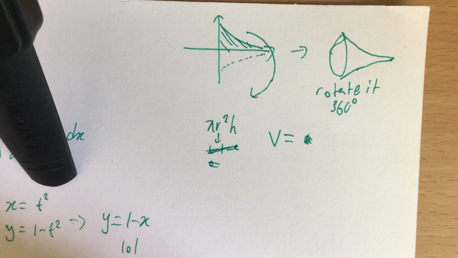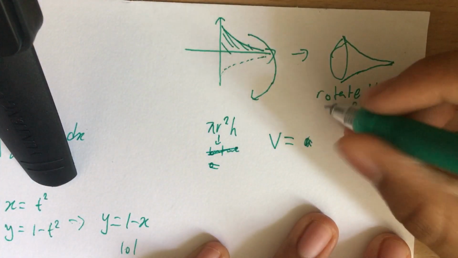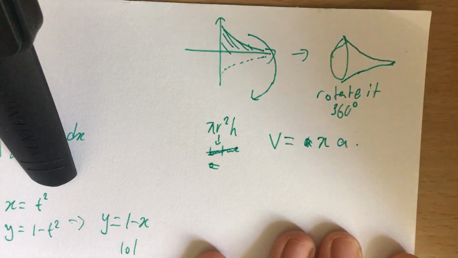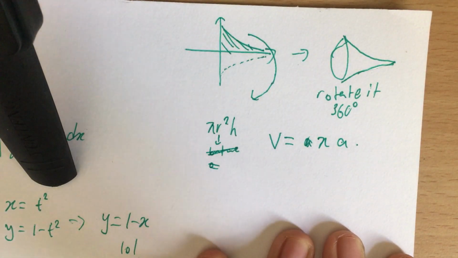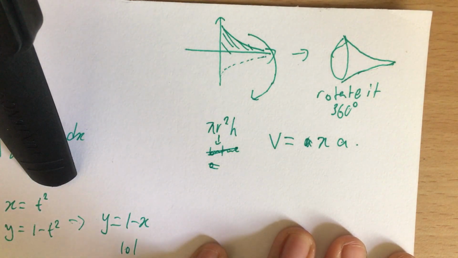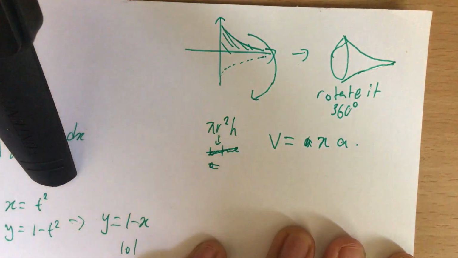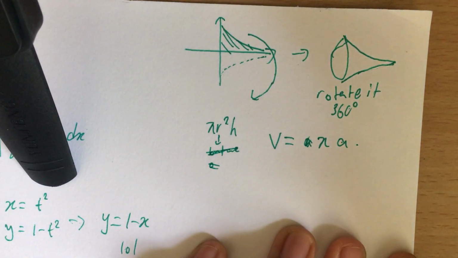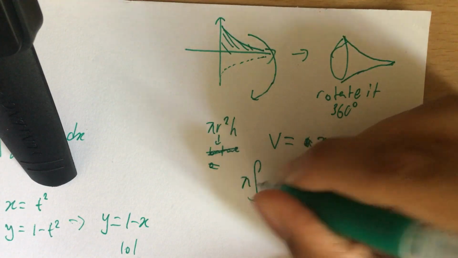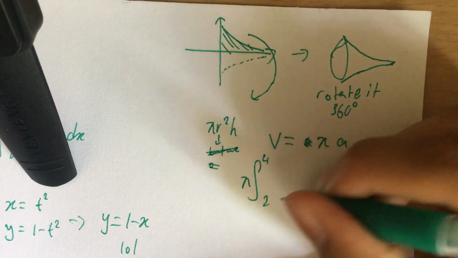Because pi is like the circle, the pi r squared part of it, and once you times it by pi, you will get your shape, the volume of the thing. So for finding the volume of revolution, the main thing you need to remember is to put the pi before every integral. So whatever answer you get, you have to times it by pi.